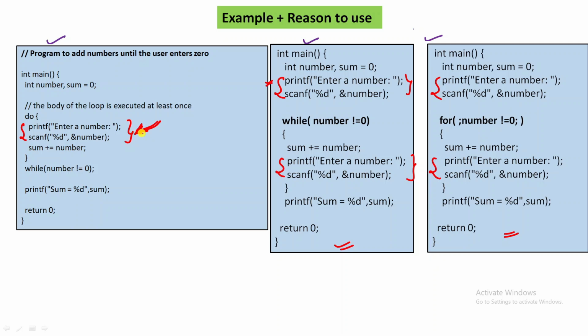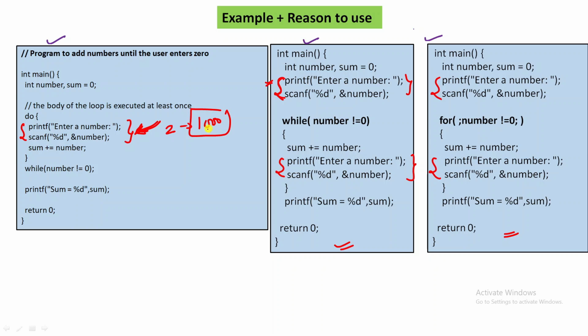Now here we have only 2 lines that are basically repeated, or you can say in while and for, only these 2 lines are there which were repeated. Let's say we have a program in which certain lines need to be repeated, and those are like 1000 lines. Instead of these 2 lines, let's say we have 1000 lines of code.